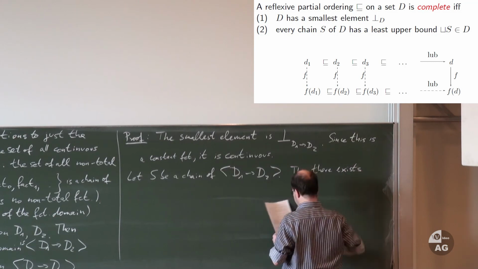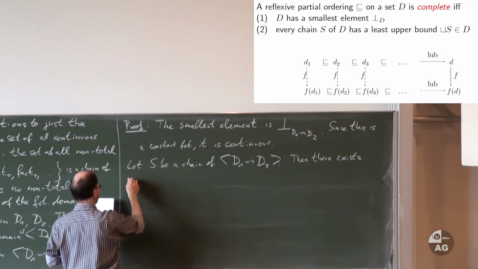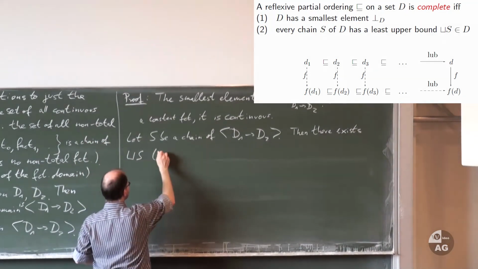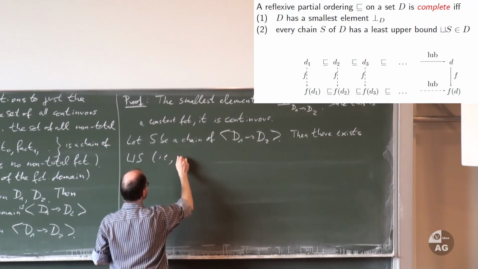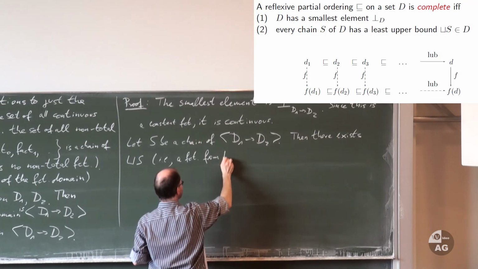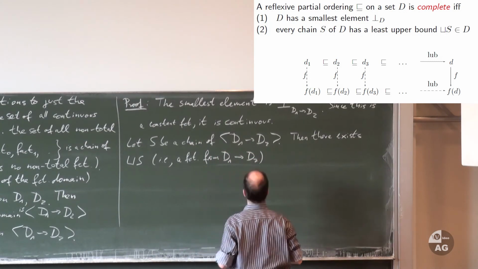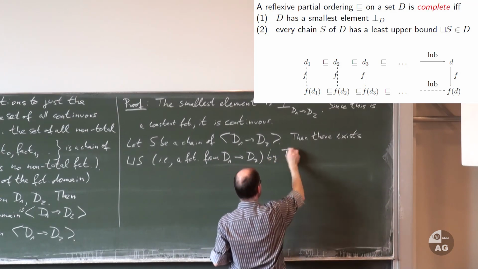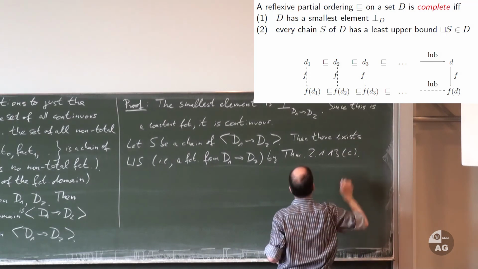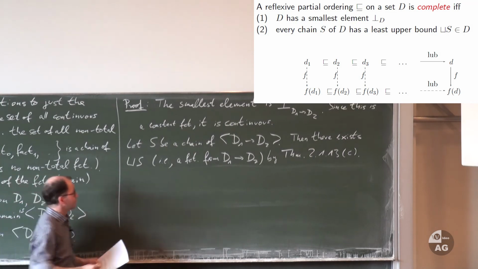Then there exists a least upper bound. This is a function from D1 to D2. This exists by theorem 2113c. And it remains to prove that this is really continuous.